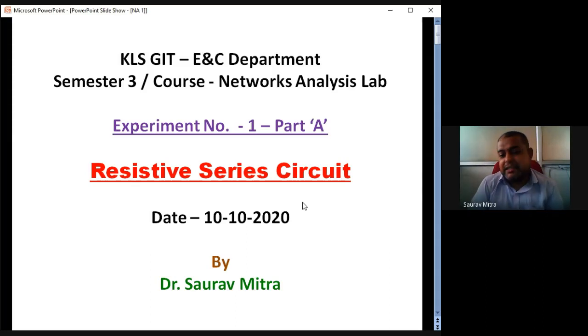And we connect the voltmeter in parallel with the resistance across which we want to measure the voltage. And lastly, whenever we want to measure a current, whether AC or DC, we have to select the range accordingly, and we have to keep the ammeter in series with the component through which we want to measure current.